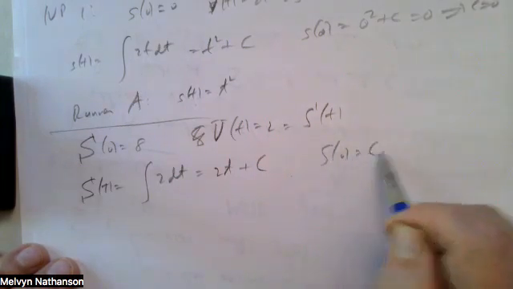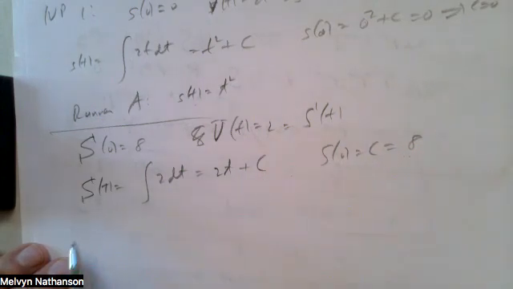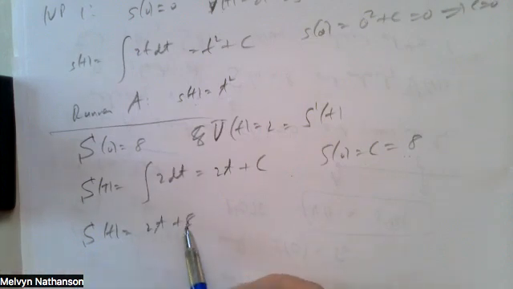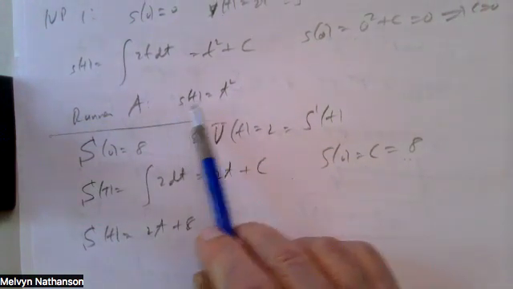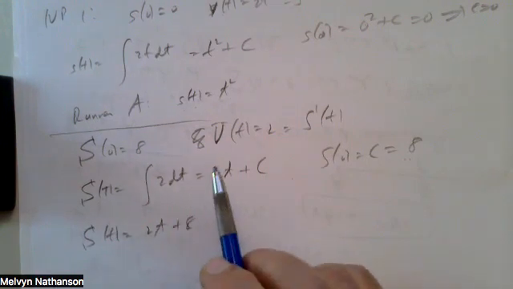And S of 0 is c, which is 8. That was our initial condition. So c is 8. So S of t is 2t plus 8. So at any given time, runner A is at t squared, and runner B is at 2t plus 8.